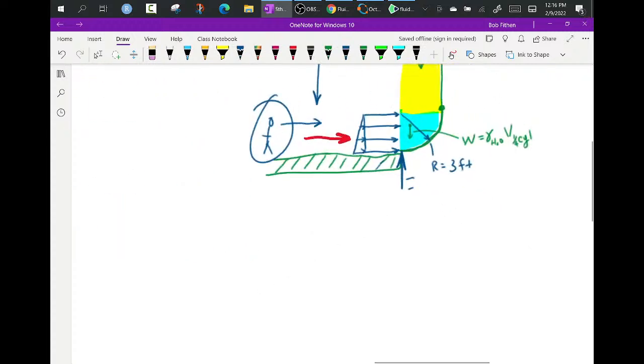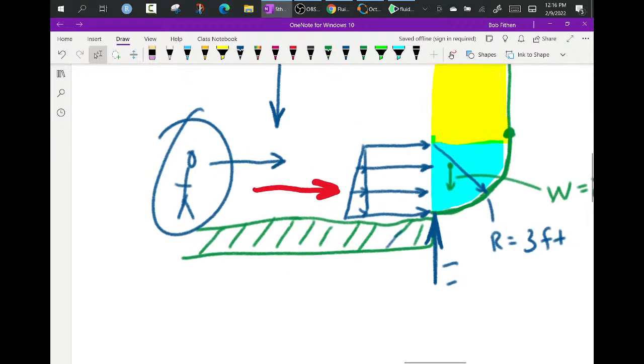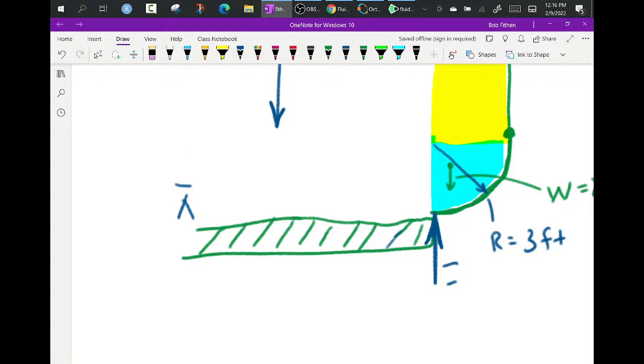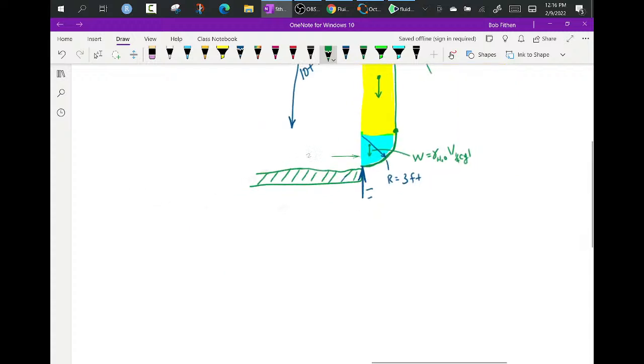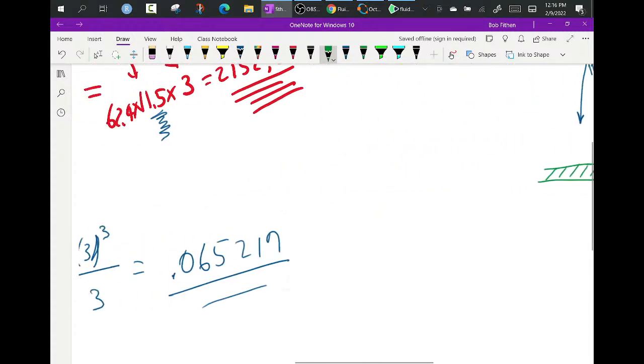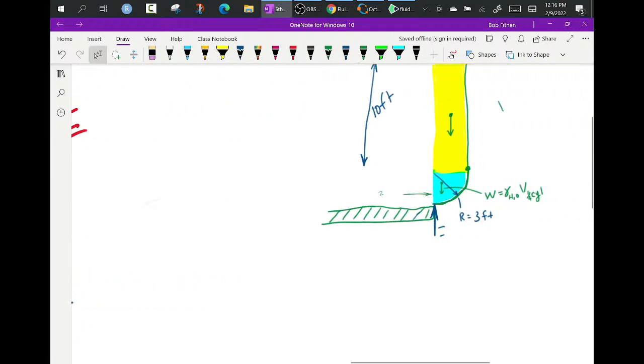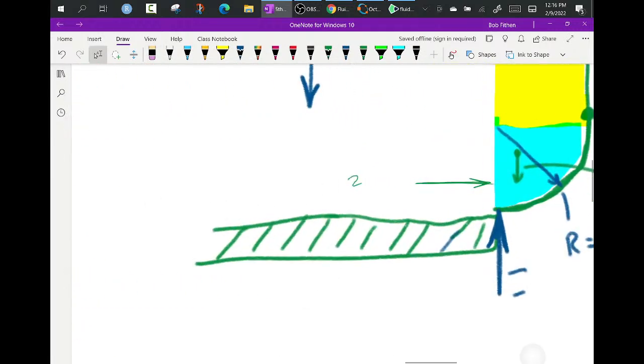When I'm in here, I can take this force off completely and replace it with a force that is going so, and it's 2,152.8 pounds.